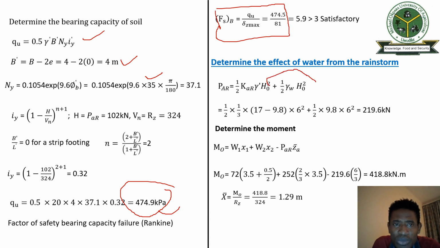which is this value. Like I said here, it's not just the soil acting on the wall; the water too is going to add hydrostatic pressure, which is this component here. The second thing that is going to happen is that the wall will no longer have friction.